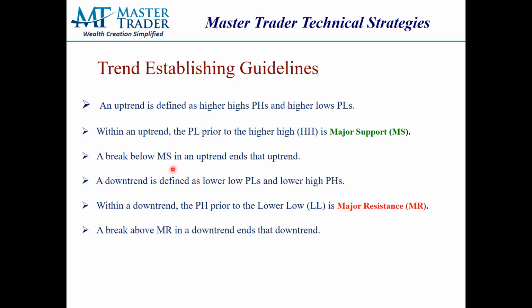A break below major support in an uptrend ends the trend. Pretty simple. A downtrend is defined as lower pivot lows and lower pivot highs. Within a downtrend, a pivot high prior to the lower low is major resistance. So a break above major resistance in a downtrend ends that downtrend.